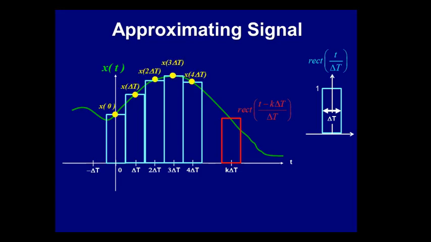So this point is at x of 0, this is at x of delta t, 2 delta t, 3 delta t, on and on. So this rectangle is that shifted rectangle function multiplied by the original function x of t evaluated at its center point, k delta t. Are we still okay with the math?